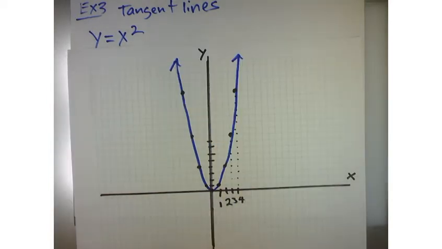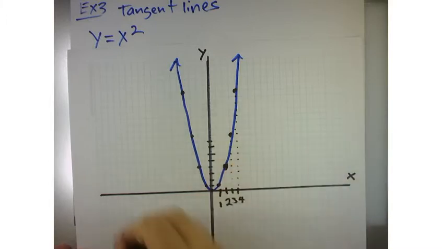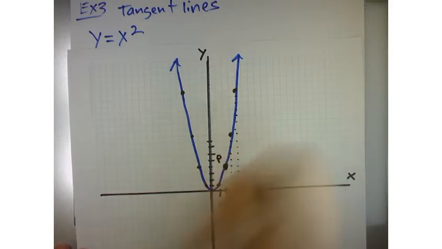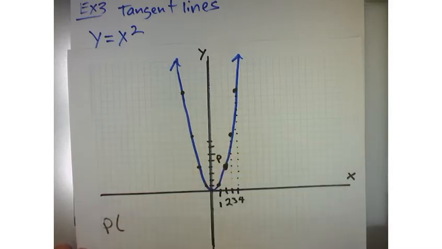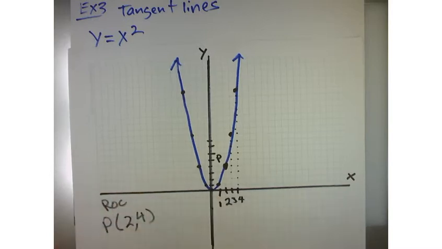Now here's what I want to do: I want to find the average rate of change at the point 2, 4. So this is point P, and P occurs at 2, 4, and the textbook wants me to find the average rate of change at 2, 4.